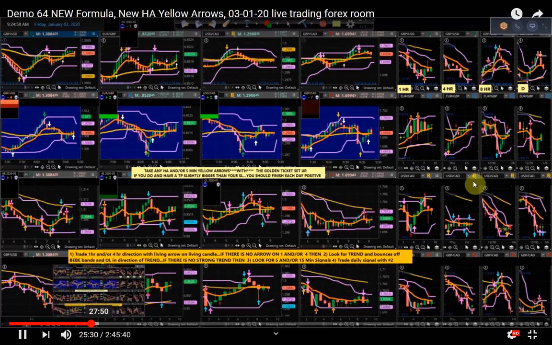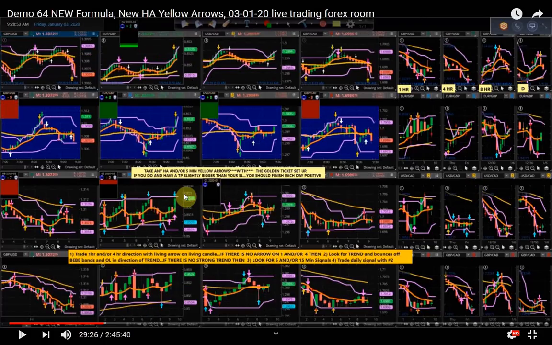Yes, you've got big red momentum here, right? Do the steps. Step one, direction, 4 hour super, golden ticket number one up. Step two, on the 5 minute BB band. Okay, so that's step two. Yellow signal on HA here.